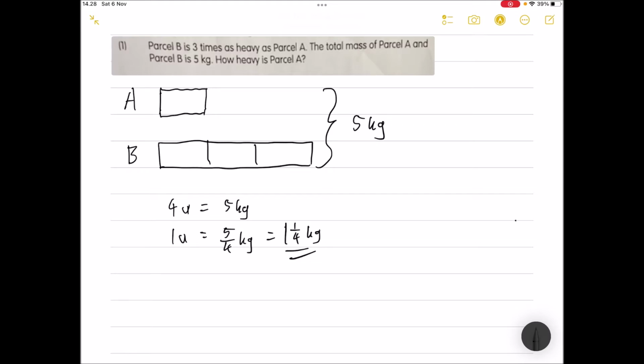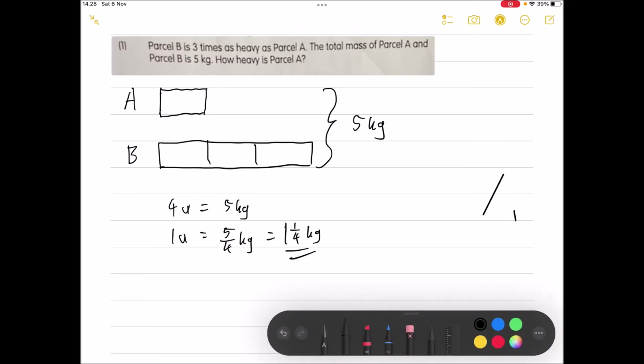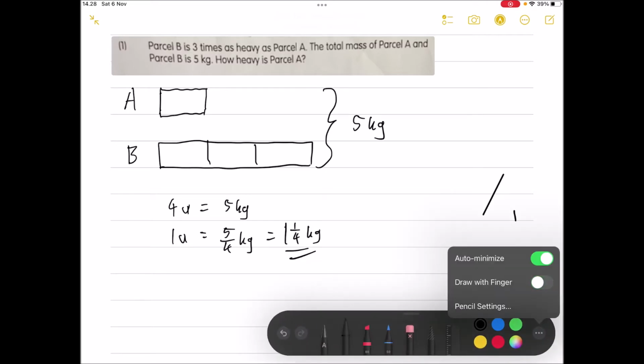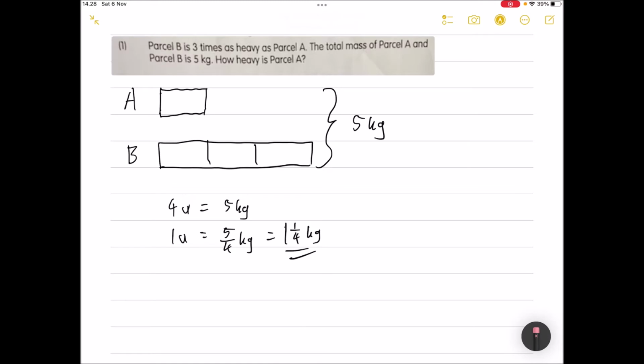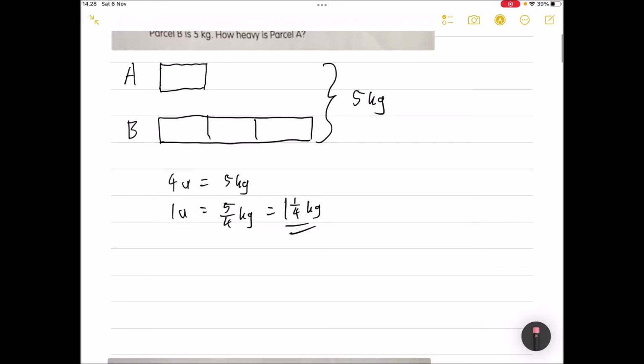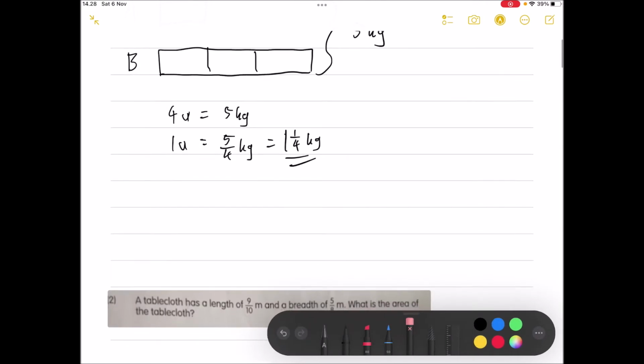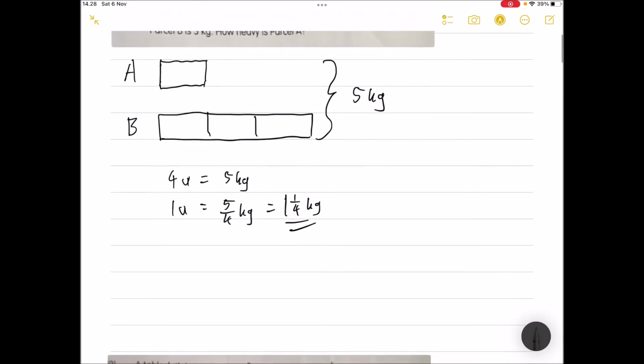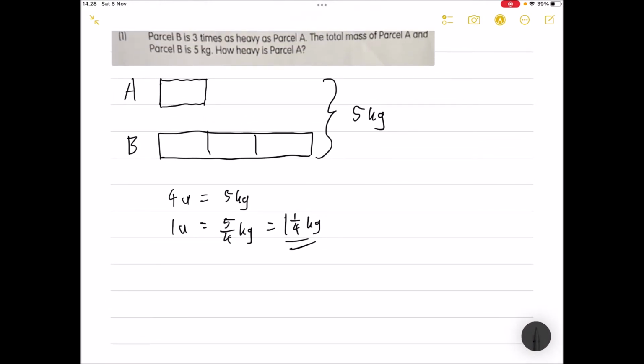Well, how do we do it if we do not go with this method? Is there any other way? Yes. Let's say that we do not want to draw the model. Because we know that parcel A is only 1 out of the 3 parts of parcel B, because parcel B is 3 times, right?